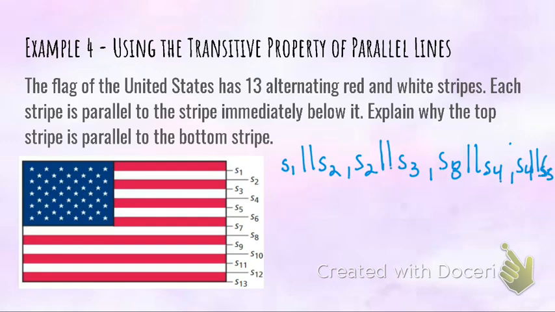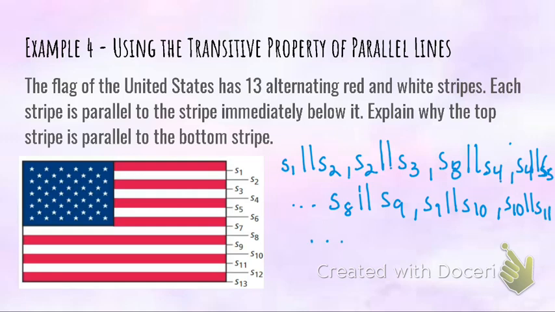I'm going to use dots because we see that this trend is continuing, right? We know that S8 is parallel to S9. And we know that S9 is parallel to S10. S10 is parallel to S11.